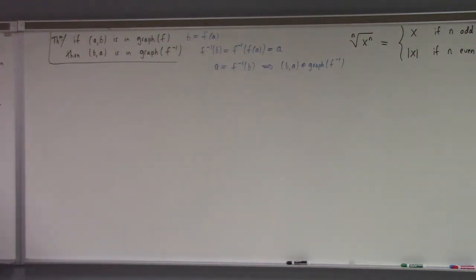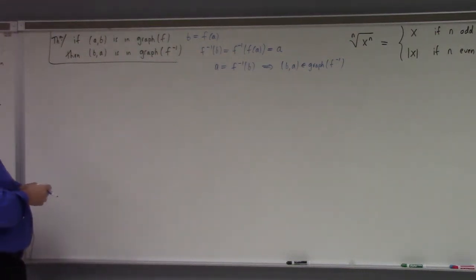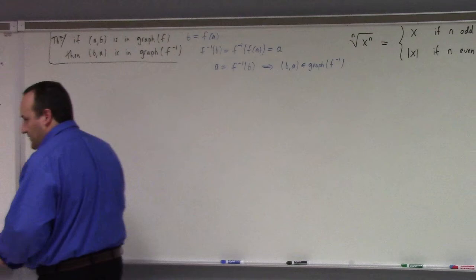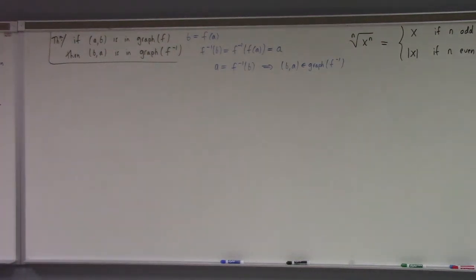It means the input B gives you the output A. So the roles of A and B are swapped for the inverse function versus the function. And a follow-up to this theorem, I'm just going to make you a sort of schematic breakdown of how things go here. A real sketchy comment, if you will, but it's true nonetheless.